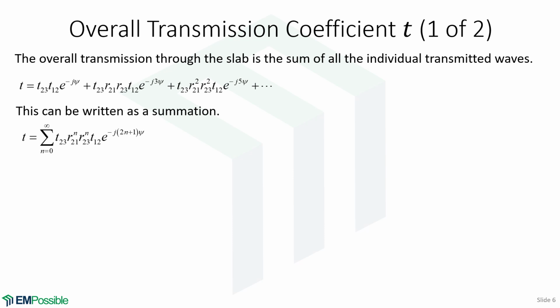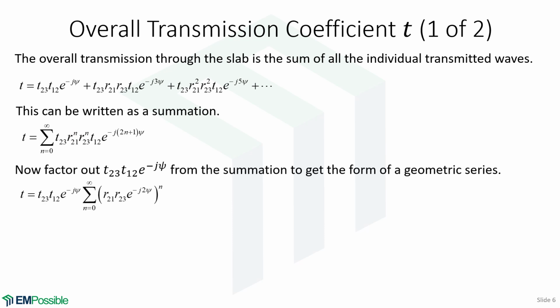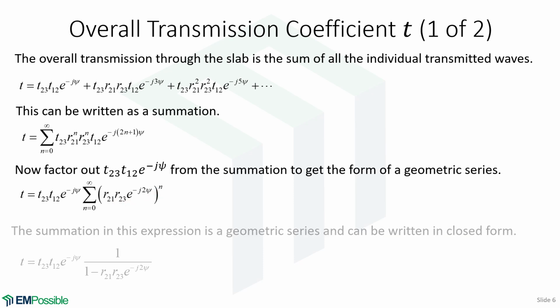Our job now is to factor out all of the terms that are not raised to an n power and bring those to the outside of the summation. So it turns out we'll factor out a T23, T12, and an e to the minus j psi. And what we're left with are a bunch of terms raised to the n power. So I can put those terms in parentheses and then put the n power on the outside. Well, that's a geometric series, and so it has a closed form answer.